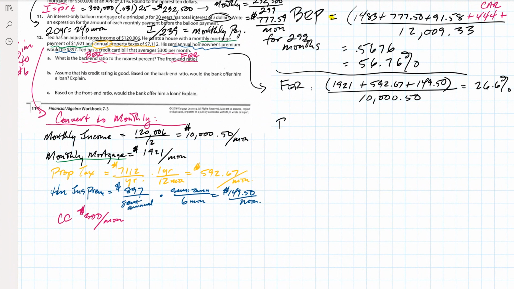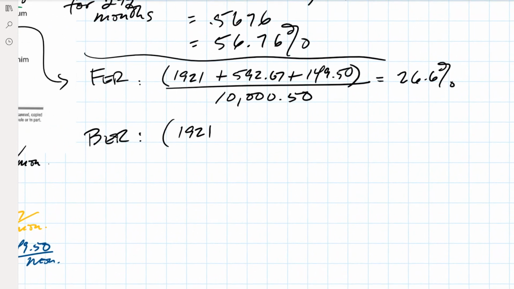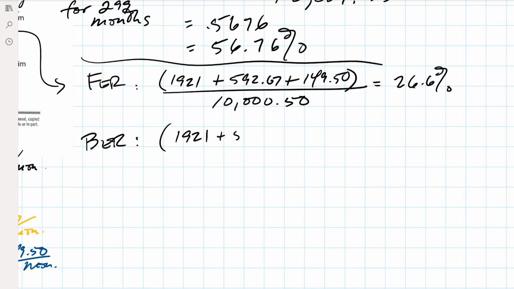Okay, back end ratio. Same thing. I just got to add in the credit card bill, and that's it. So I'm going to just repeat this. Look right above it. It's the same thing, but you've got to add in your credit card bill, because that's the only additional one.